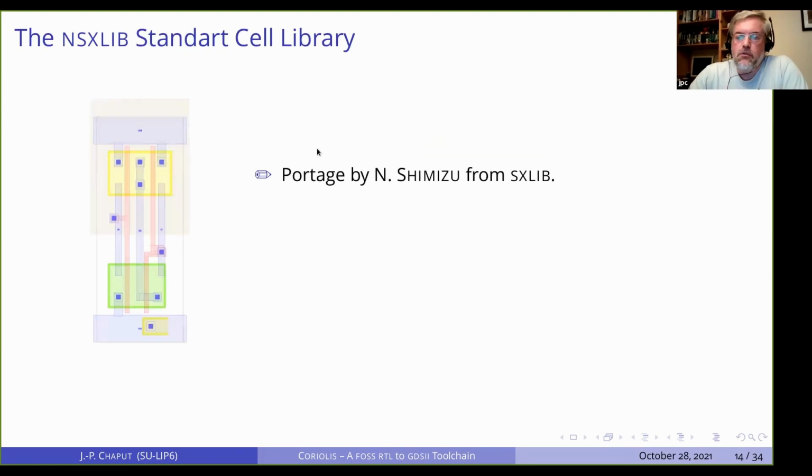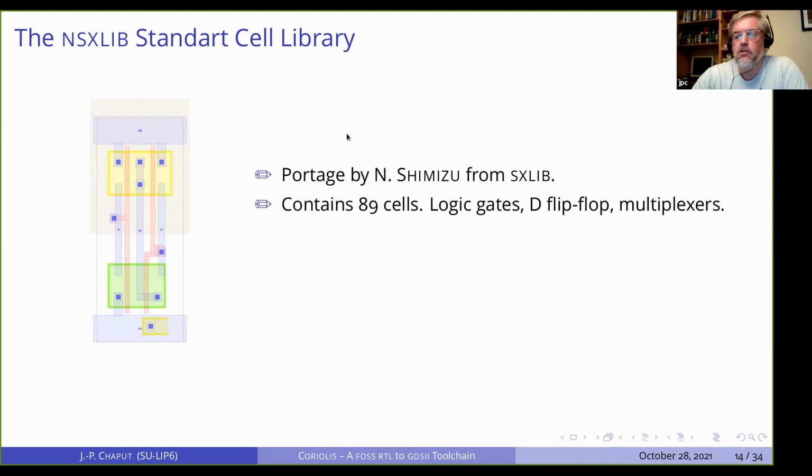First, a little detour by the standard cell library, which was made by Naohiko Shimizu. Starting from the Alliance template, which is called ASICs-lib, he built upon it an NSX-lib library, which is more flexible and portable.